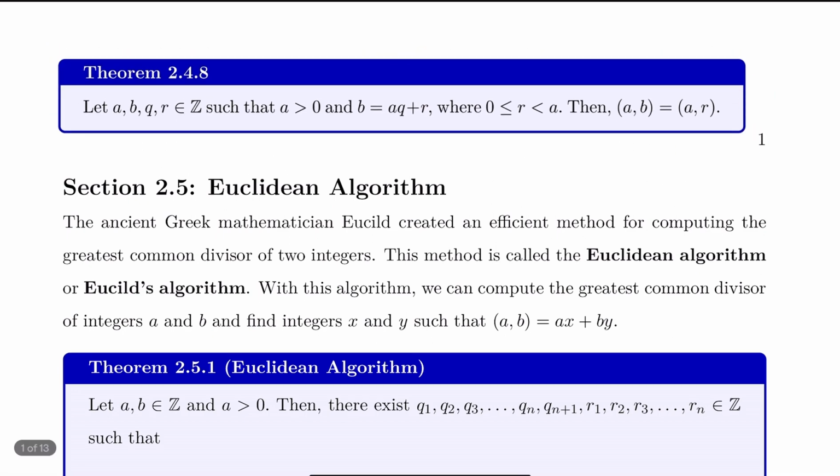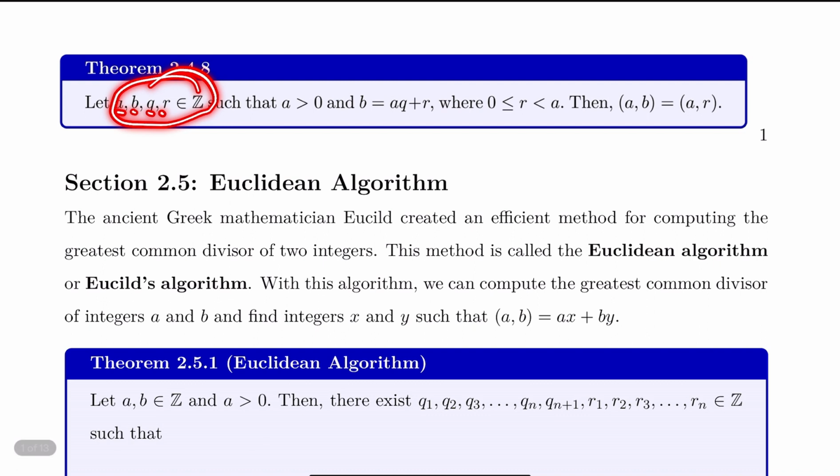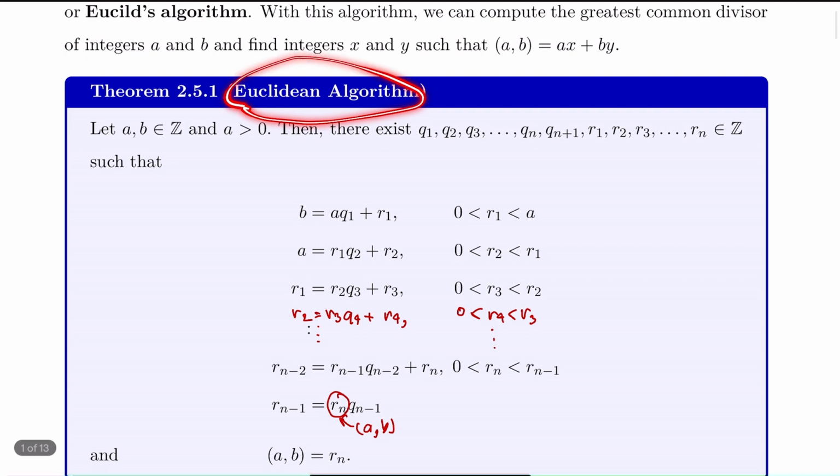If you have A, B, Q, and R being integers such that A is greater than 0, and you divide B by A, it turns into B equal AQ plus R, where R is greater than or equal to 0 and less than A. Then we have the greatest common divisor of A and B equal the greatest common divisor of A and R. Okay, now let's use this theorem to prove the Euclidean algorithm.